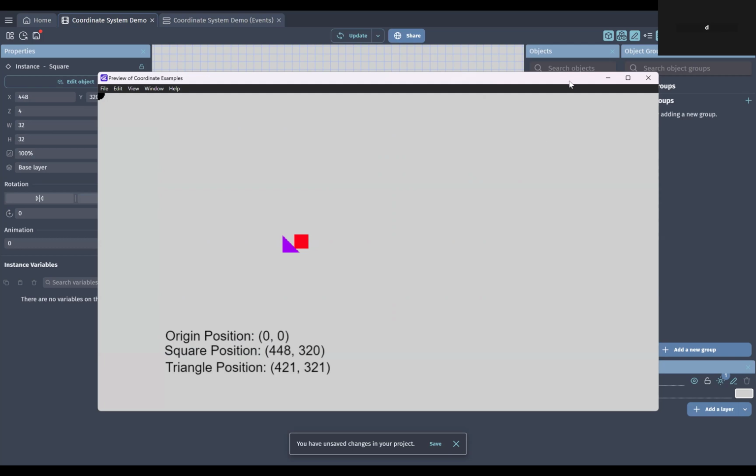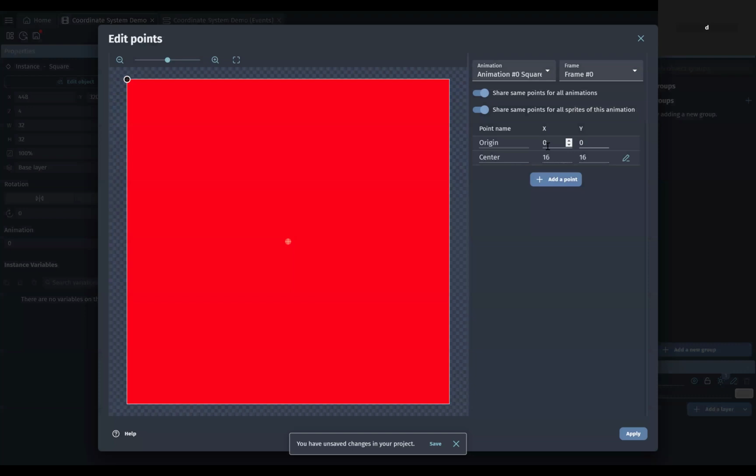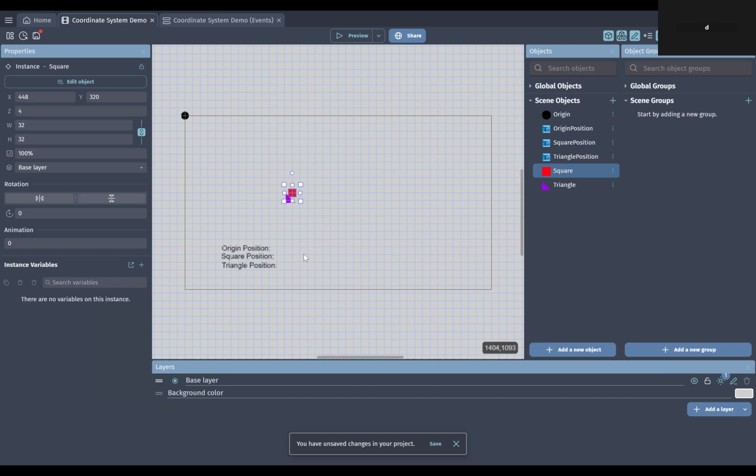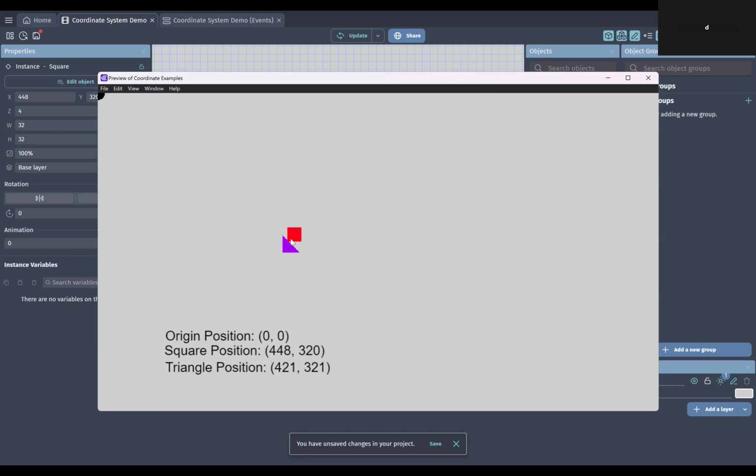But if I change the origin of my square to the center, then that's going to shift the drawing point of my square. So it's shifted up a little bit.